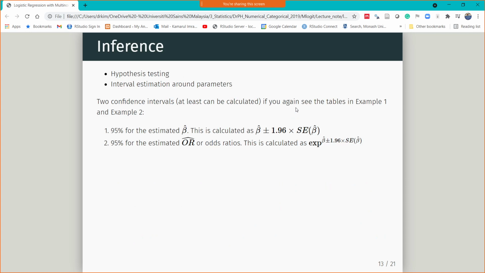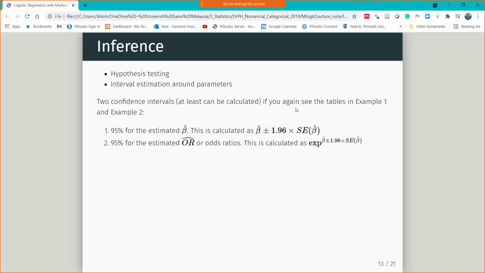When we talk about inference, we usually look at the hypothesis testing and 95% confidence intervals, or just confidence intervals, because it is not always that we look at 95% confidence interval. Sometimes we look at 90% confidence interval, and sometimes we look at 99% confidence interval. So it is not always 95% confidence interval, but most software will use the default at 95% confidence interval.